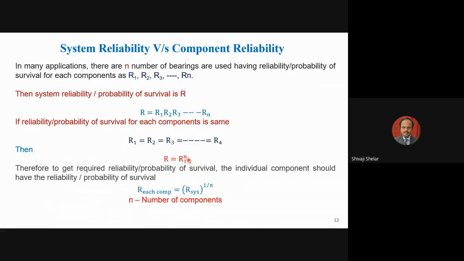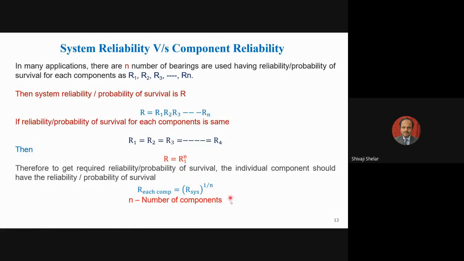Similarly, if there are n components, R1 will become R raised to 1 by n. So the required probability of survival for an individual component is R for system raised to 1 by n, where n is the number of components.